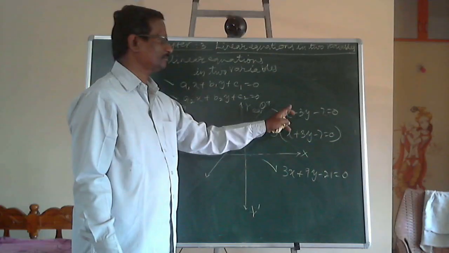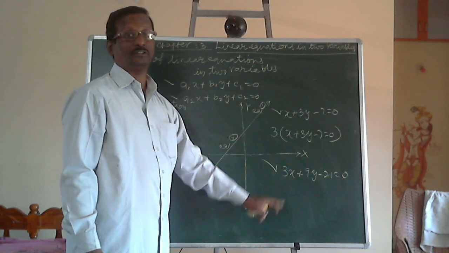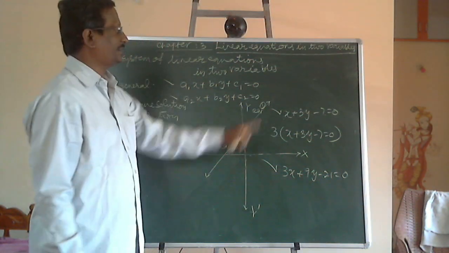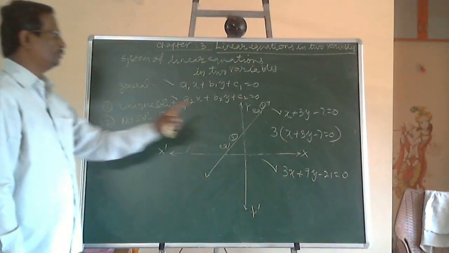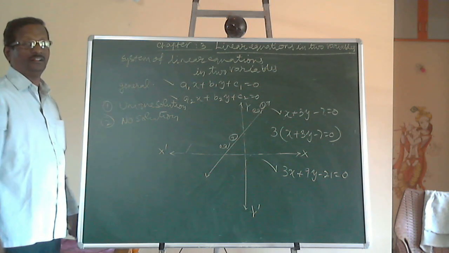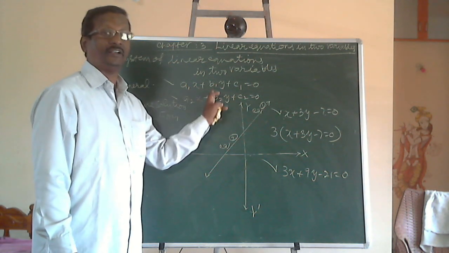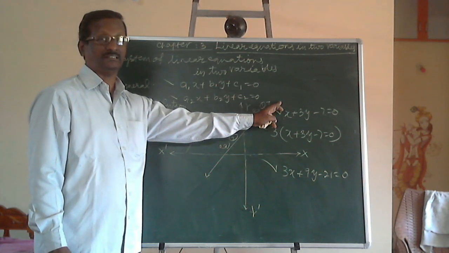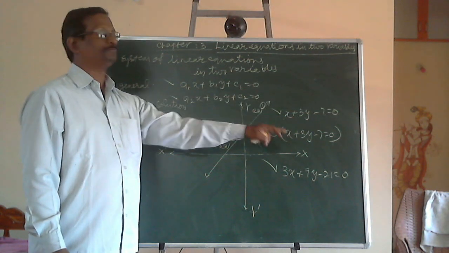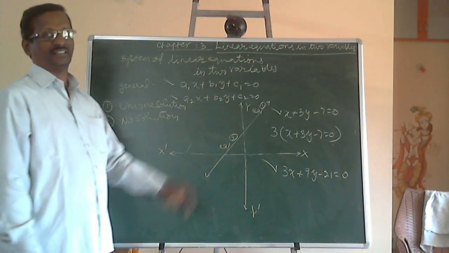In case the second equation is obtained on multiplication, we say the two equations are dependent. In case of dependent equations, the two equations will represent the same straight line on the graph. There, every point on the graph of the first equation is a point of the second equation, or every solution of the first equation is a solution of the second equation.